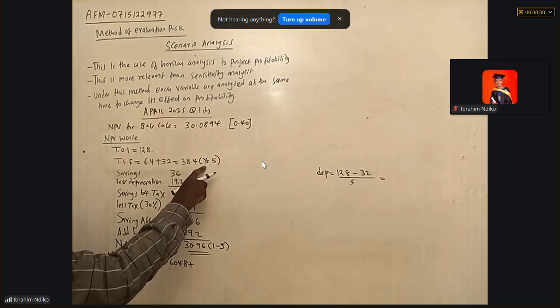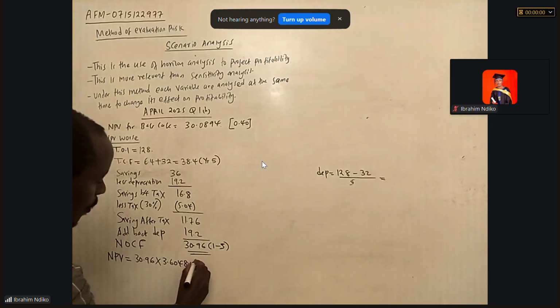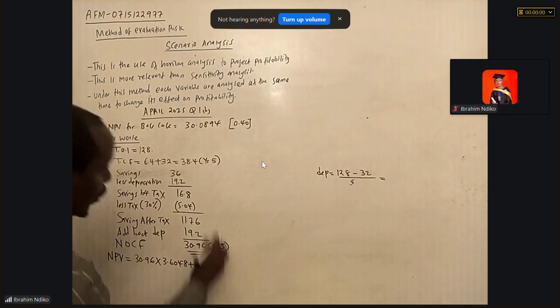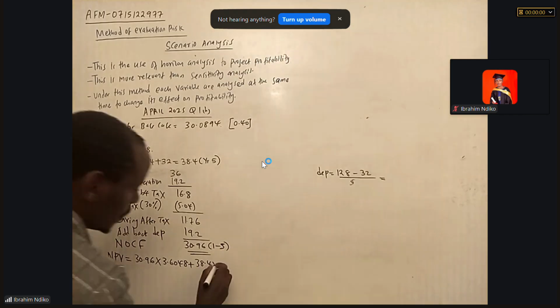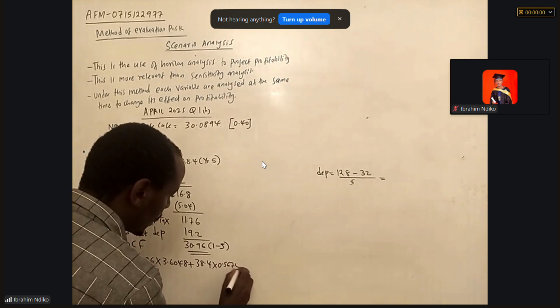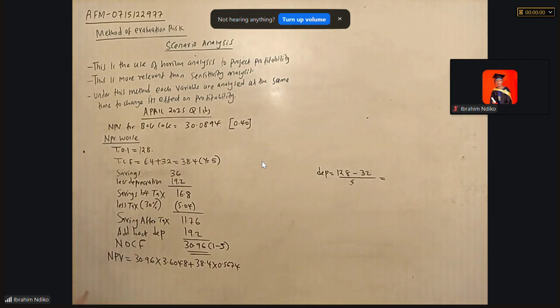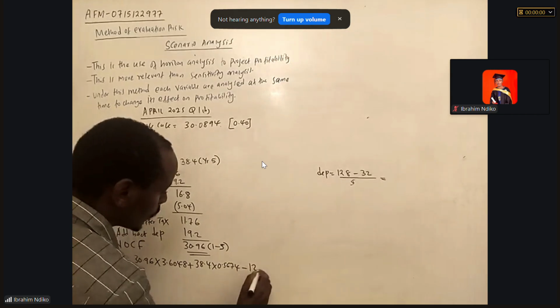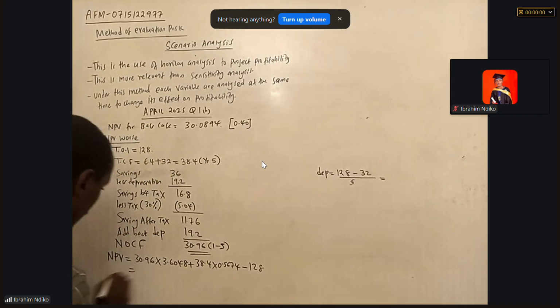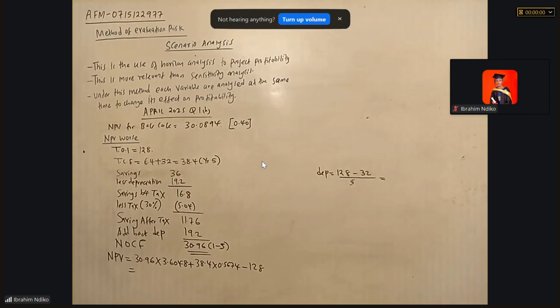That 8.4 you look at for year 5 only, but you look at the upper part. This was 0.5674. Then minus cost. What's our cost? 128. We shall get the NPV for the worst scenario.